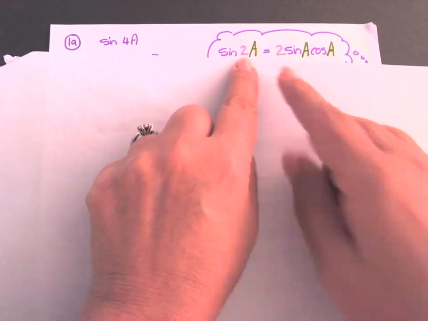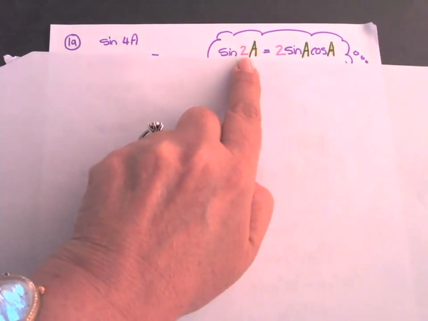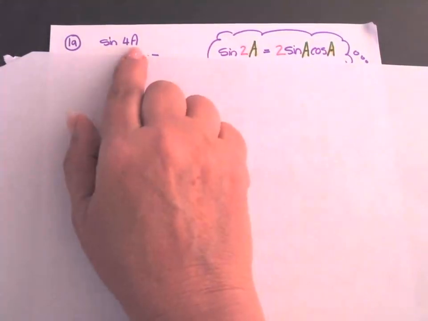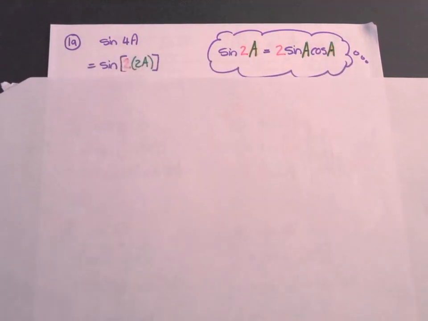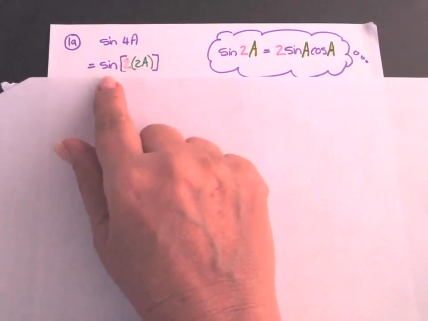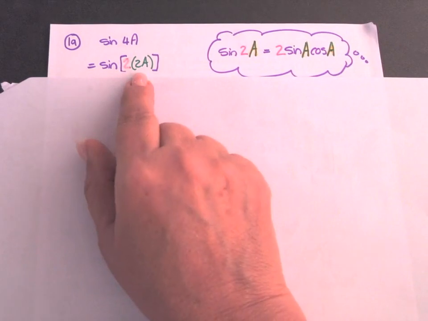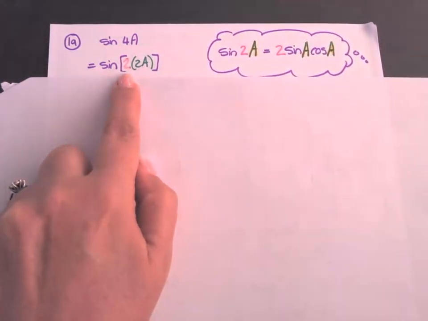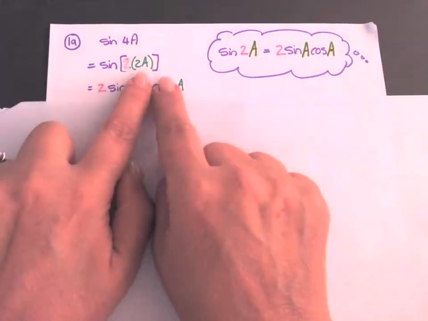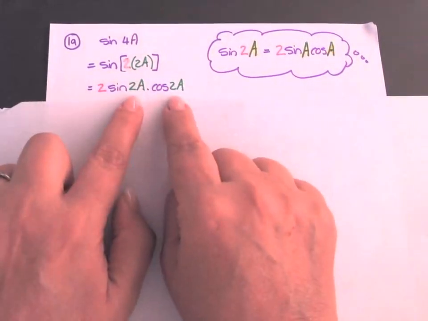You must hear me when you write that test. Next. So the sine 4a must change to sine 2 times 2a. The pink 2 goes to the front, and the green 2a goes to the sine and the cos.